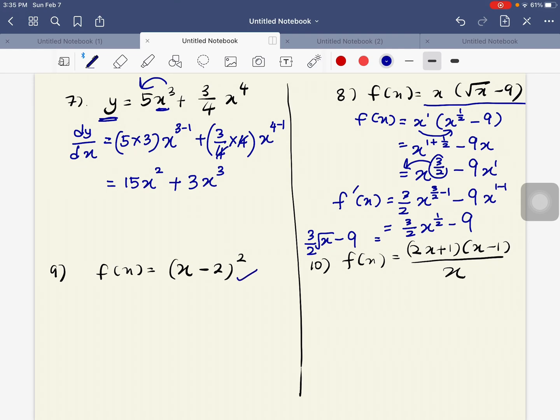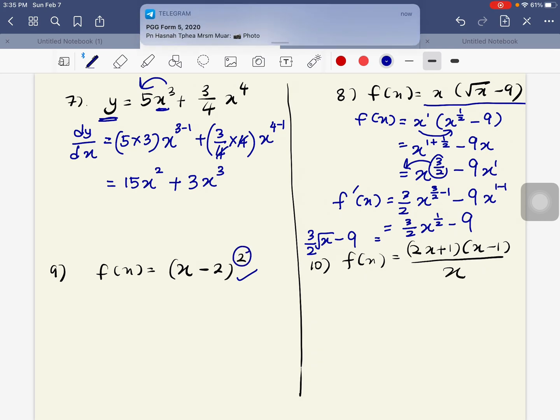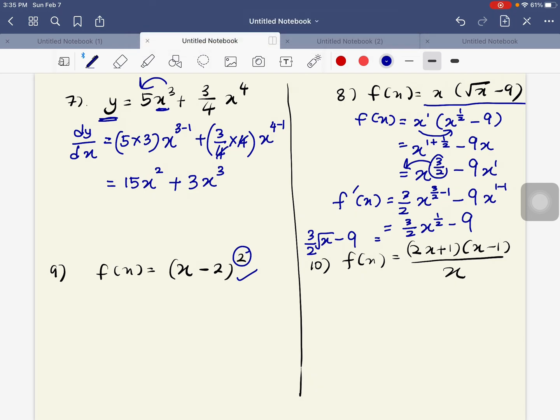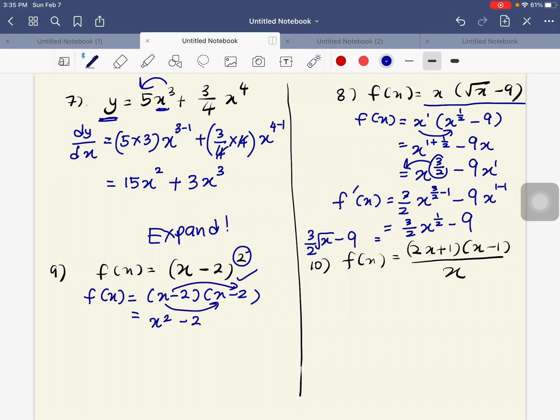Okay, next one. So what if we have power of 2? Miss, how do we do this? Okay, if it's power of 2, then it should be no problem. So fx equals to, kalau dalam kes begini, kita kena expand. Okay, kita expand dulu. Kita tak boleh differentiate dulu, kita expand. Okay, ni cara satu-satu. Nanti I ajar cara yang lebih mudah untuk kita buat ni. Okay, so when we expand, satu-satu kan, darabkan negative 2x minus 2x plus 4, then you'll get like this.